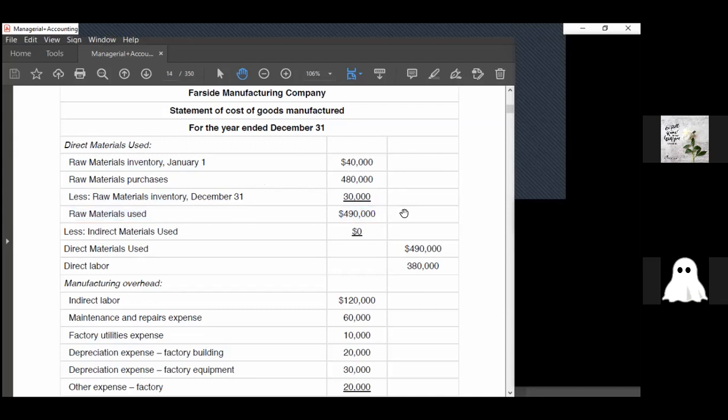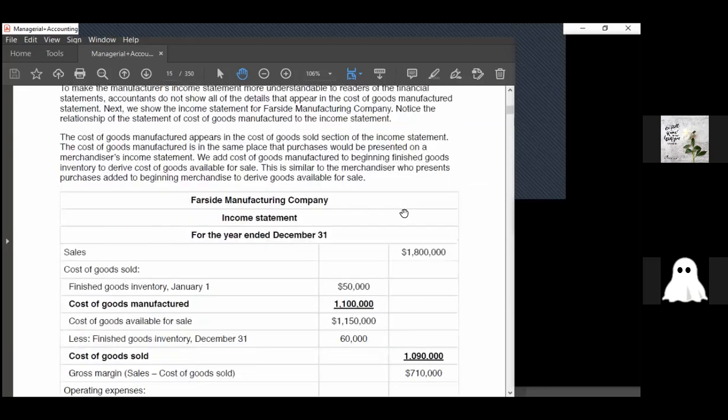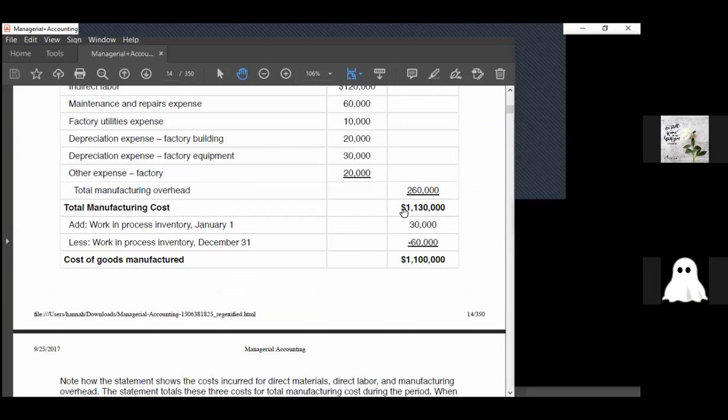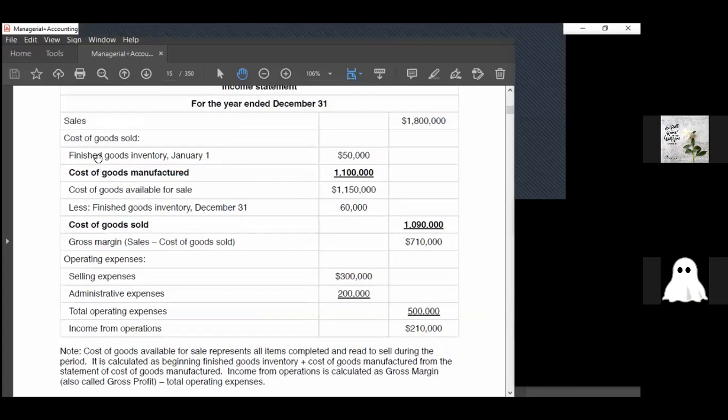Now that thing comes again if we look at cost of goods sold. We have the finished goods inventory. Now cost of goods sold is calculated here. Okay, 1,090,000.